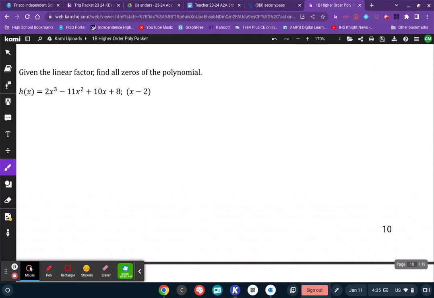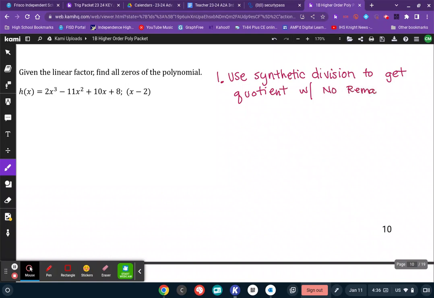So given any linear factor, I'm told to find all of the zeros. So what we want to do here is, first of all, use synthetic division. You should always end up with no remainder.